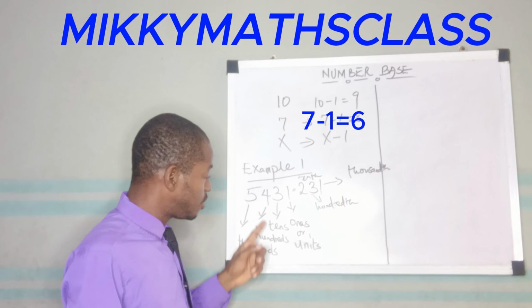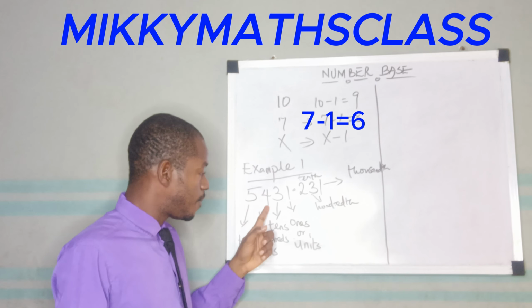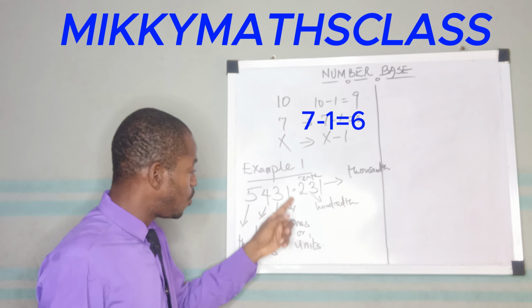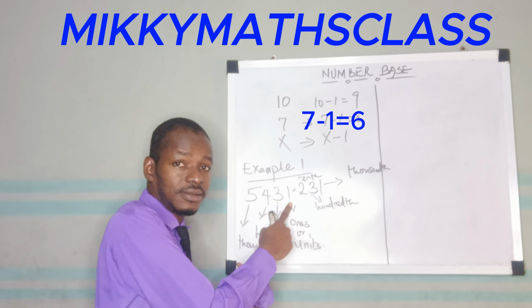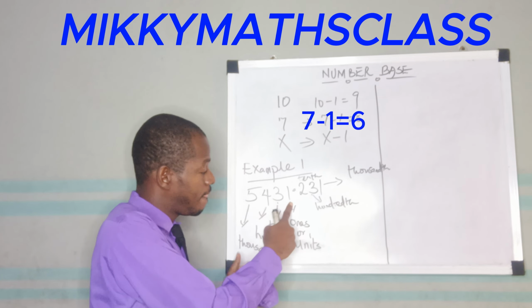Under the hundred part we have 4. That's why we say 5,400. These tens, 3 tens means 30, 3 times 10, 30, and 1. That's why this number is pronounced 5,431.